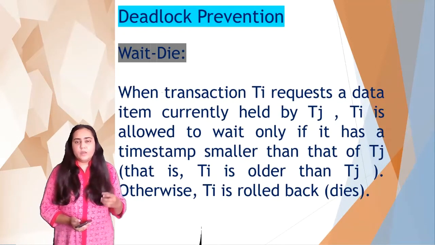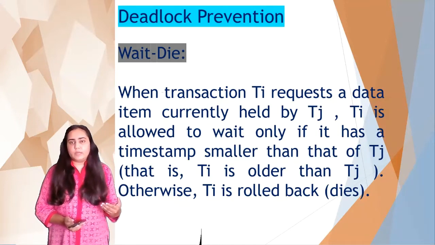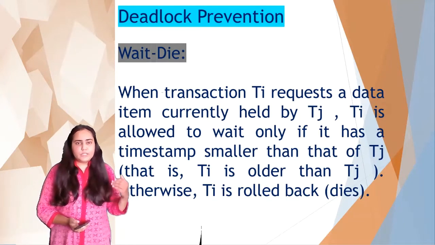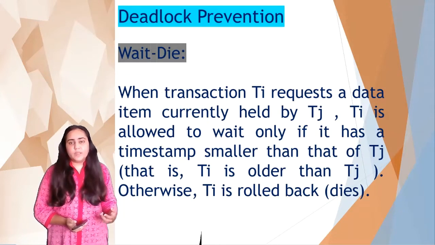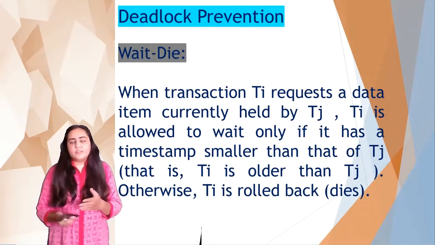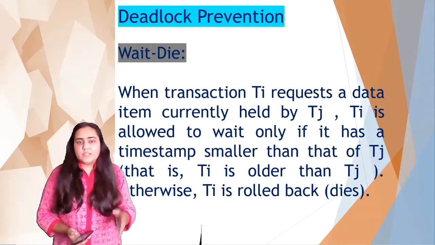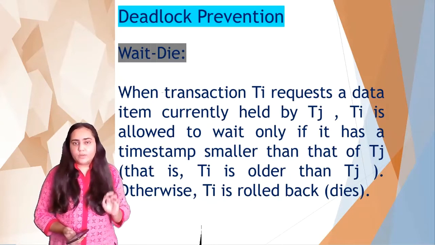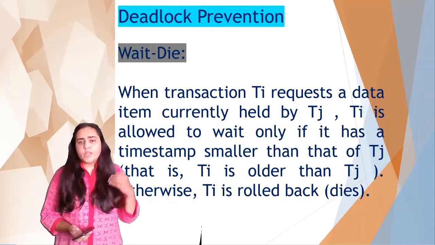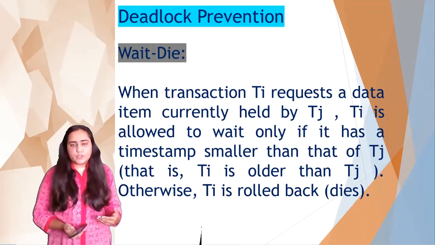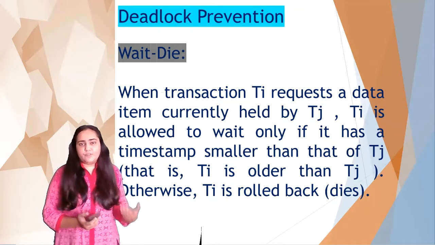First of all, when a transaction Ti requests a data item that is currently held by Tj, so Tj is the transaction that has locked a data item, and Ti requires that data item from Tj, what happens in this case? Ti will wait only if it has a timestamp smaller than Tj, which means that Ti is older than Tj, which means Ti came first.